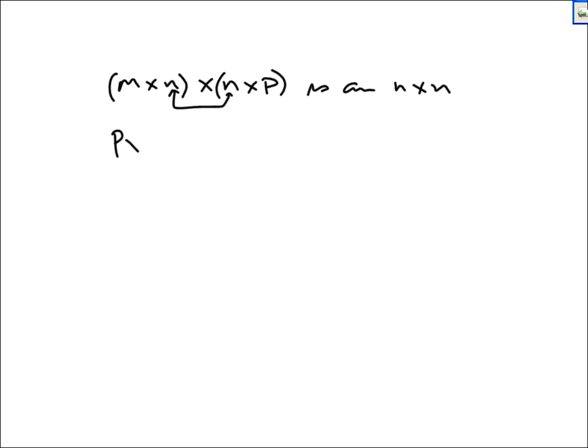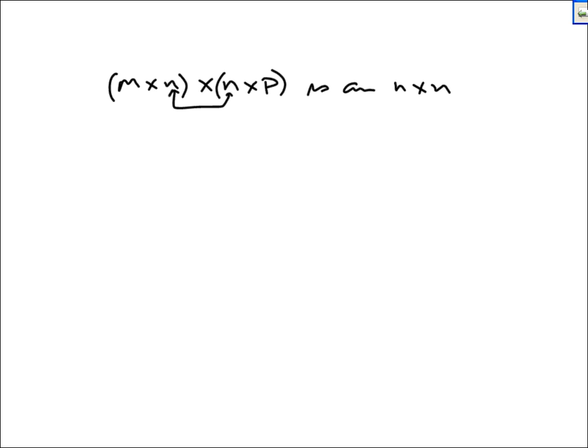Okay. So we have an m by n, and we multiply by an n by p. I wanted it to be well defined. But what if I reverse them? What if I have the second matrix first?